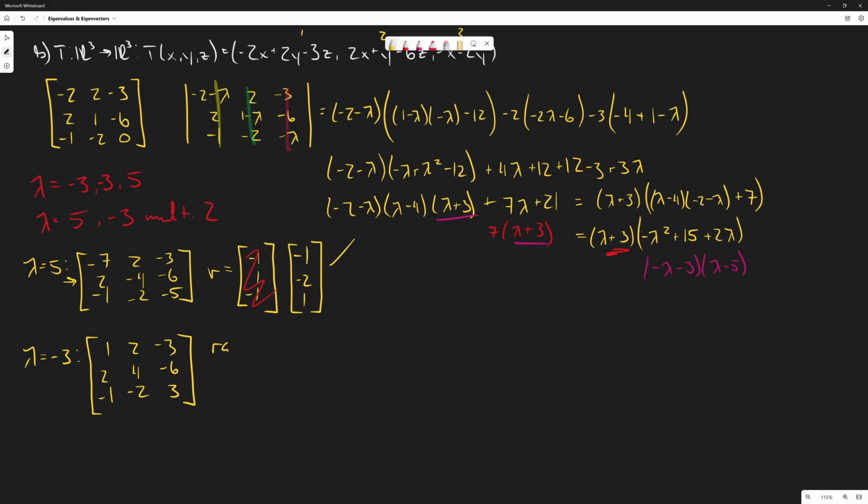And so we can see that our rank will be, so this one and this one are the same. At the same time, it is also a multiple of this one. So this will have a rank of 1. So our nullity is equal to 2, which is equal to our geometric, which is equal to our algebraic. So yes, this is still diagonalizable.